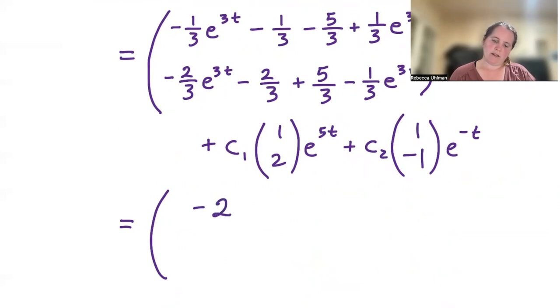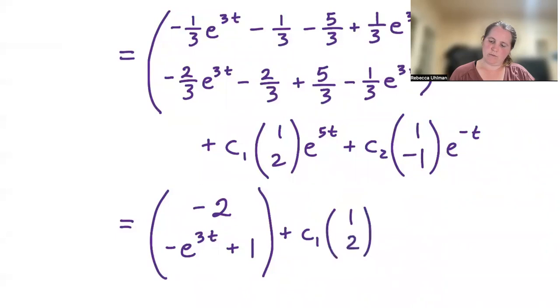Down below, we have a -2/3 e to the 3t minus 1/3 e to the 3t is just a negative e to the 3t. Minus 2/3 plus 5/3 is plus 1. And then this is plus c1 times 1, 2 e to the 5t plus c2 times 1, -1 e to the -t.